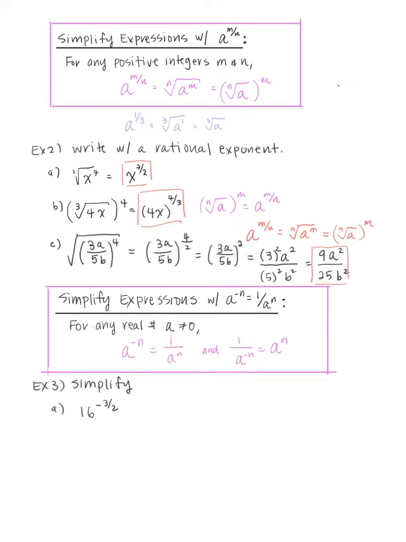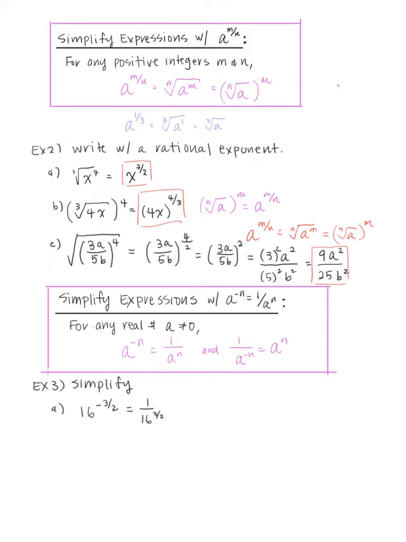Let's do some examples. Example 3, simplify 16 to the negative 3 over 2. Now this has a negative exponent, so what we need to do is flip, meaning take the reciprocal of 16, which is 1 over 16, and turn that negative exponent into a positive exponent.